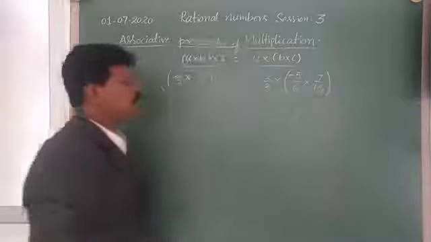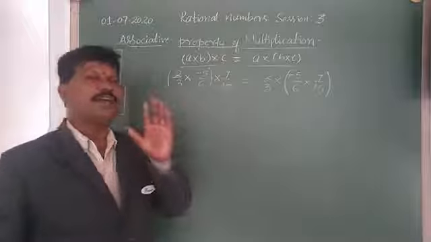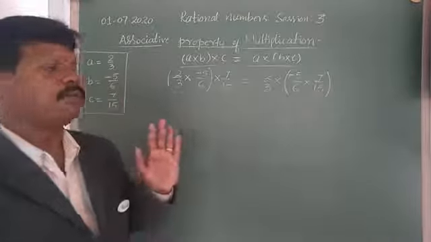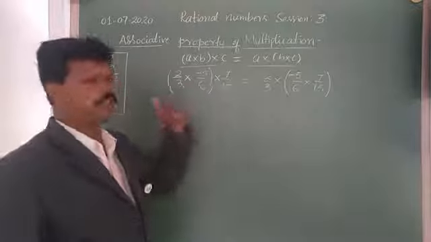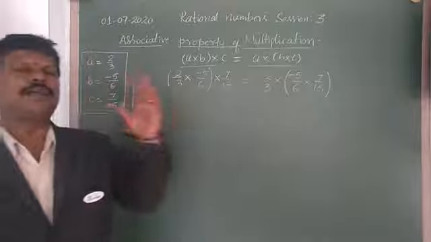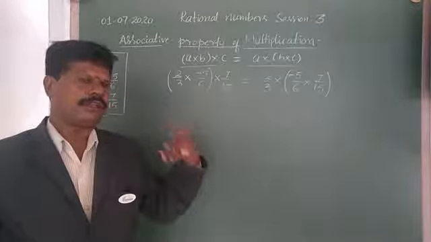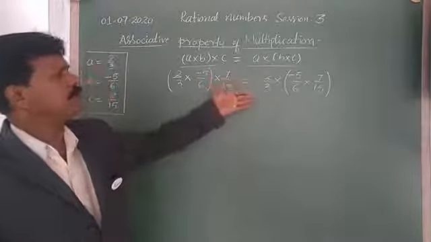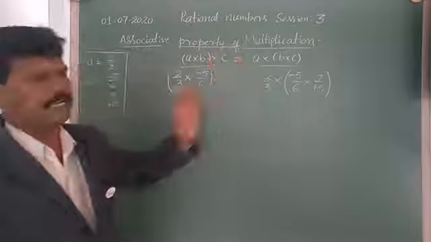Here one thing you should remember: what is there in the bracket, first you should simplify that only. In multiplication of rational numbers, if there is a chance of cancelling the numerator by the denominator, one rational number's denominator and another rational number's numerator, you can cancel it.